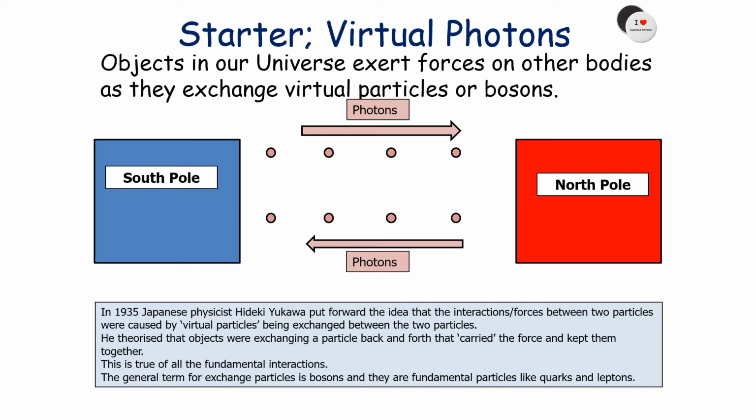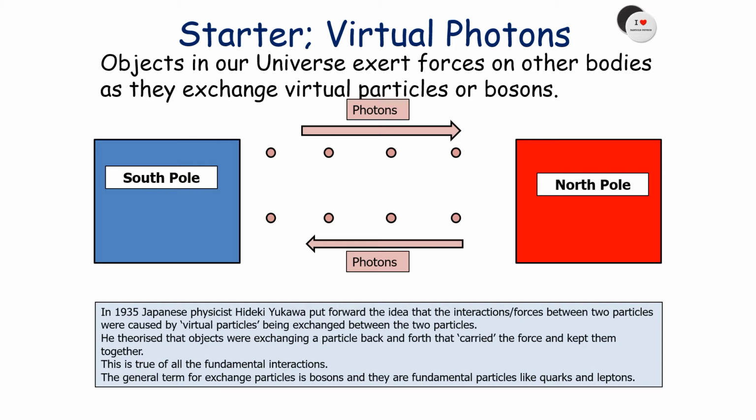So basically, the scientist Hideki Yukawa theorized that interactions and forces between two particles were caused by virtual particles being exchanged between the two objects. He theorized that the objects were exchanging a particle backwards and forwards that carried the force and kept them together. And this is true of all fundamental interactions.